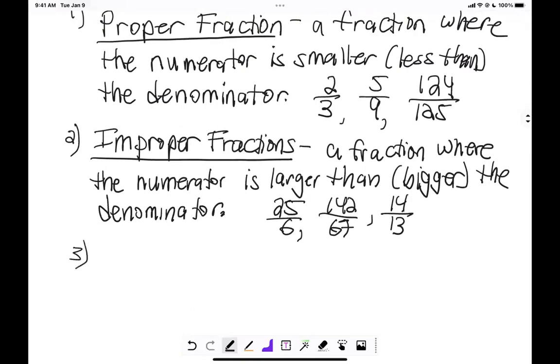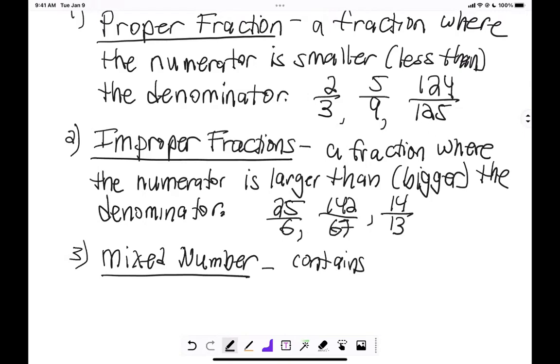3, mixed number. Also has to do with fractions. So a mixed number contains a whole number and also a fraction together.